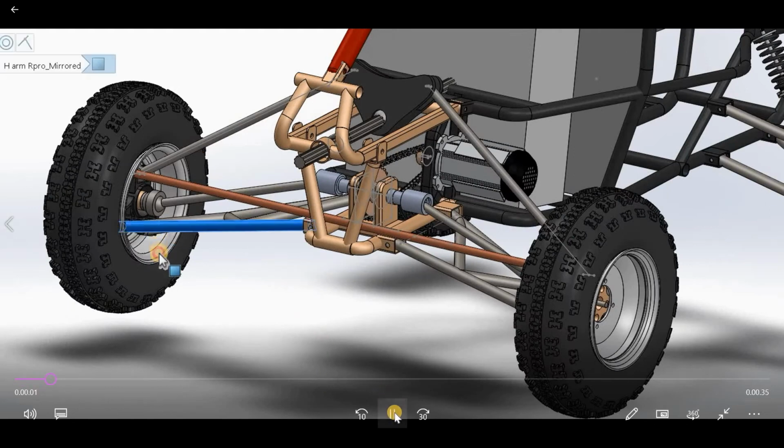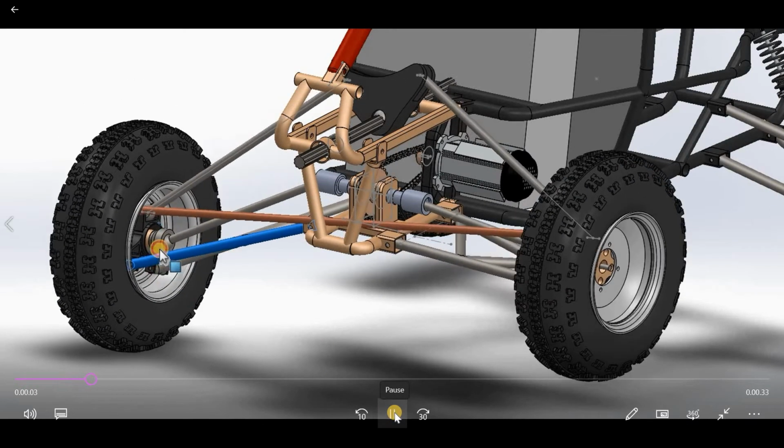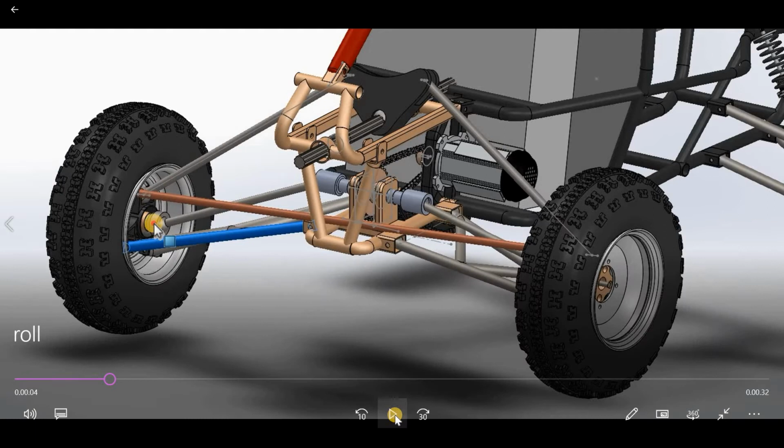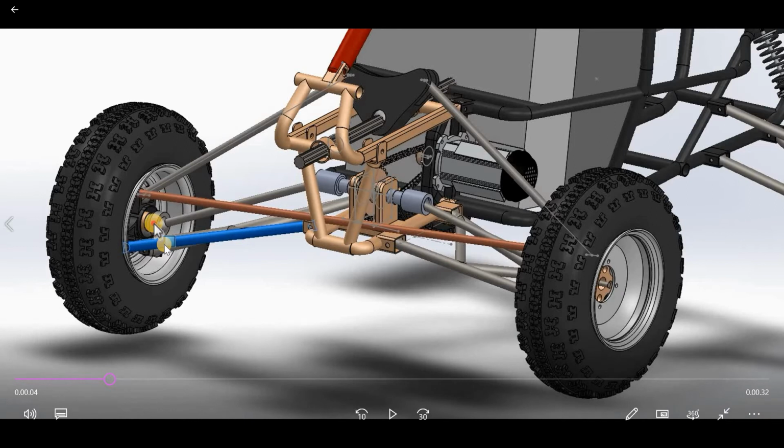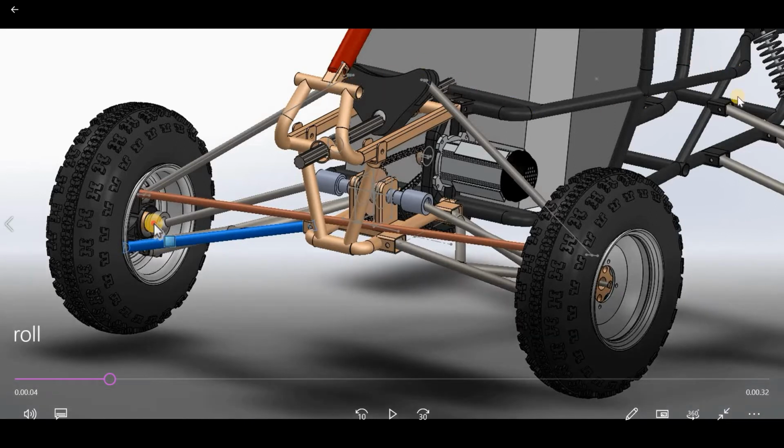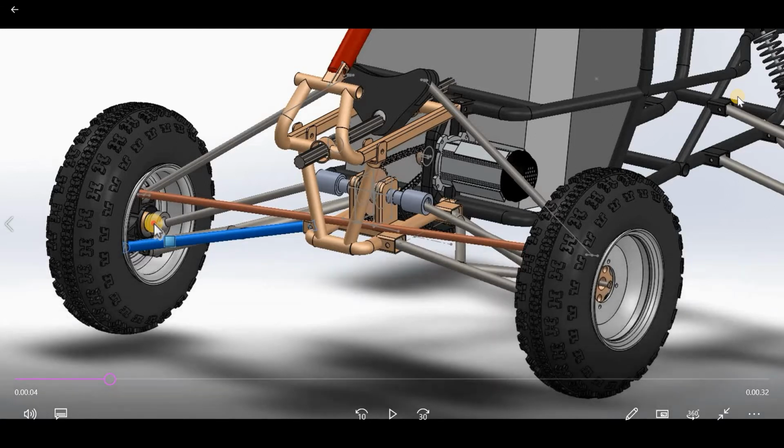This movement generally occurs when the body takes a turn. Suppose this left wheel is going down. That means the whole body, the chassis in which the driver is sitting, is rolling towards the right.